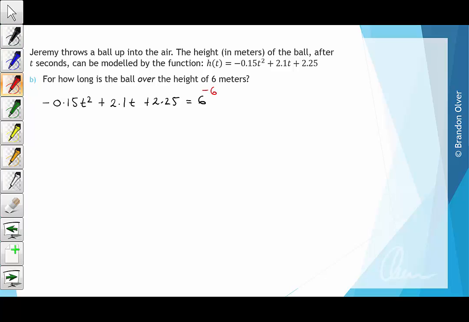If we subtract 6 off both sides, we get negative 0.15 t squared plus 2.1 t minus 3.75 equals 0.